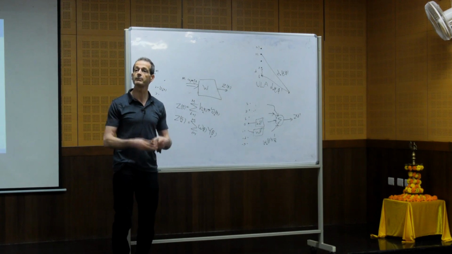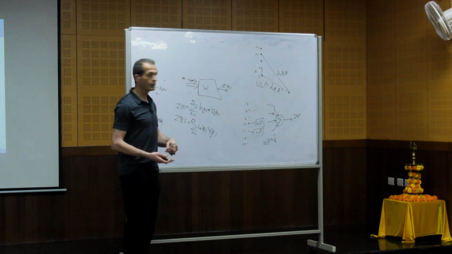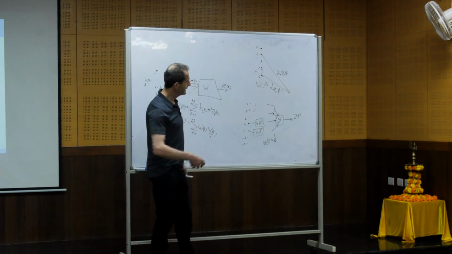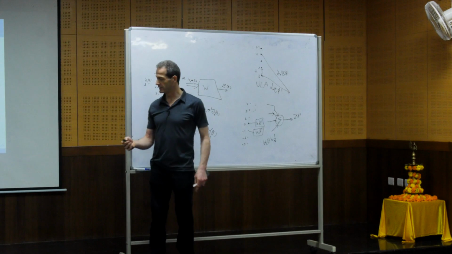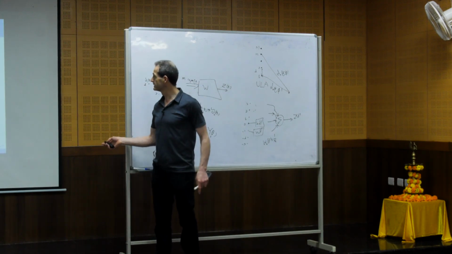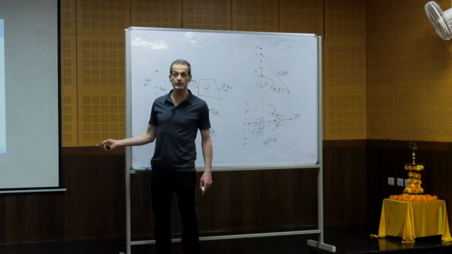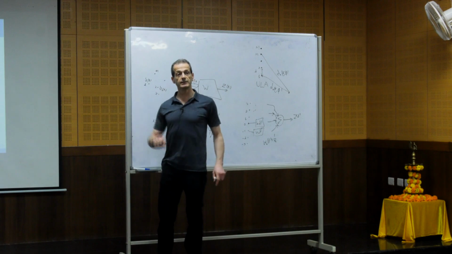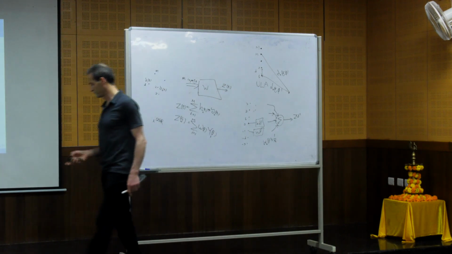Where to put them? How many sensors? And then I need to design the weights such that I will get a desired either far field beam pattern or near field beam pattern. It depends if the source is in the near field or far field.